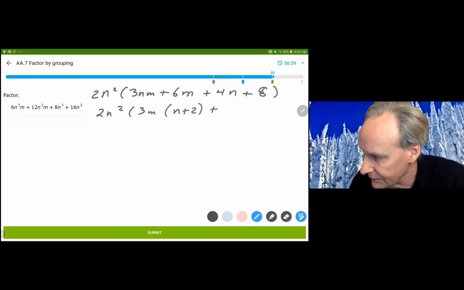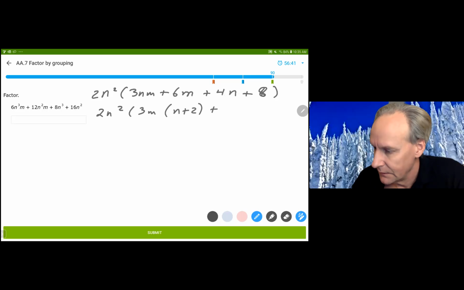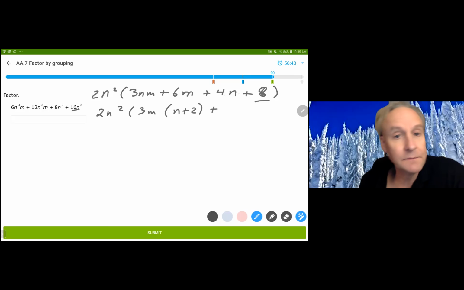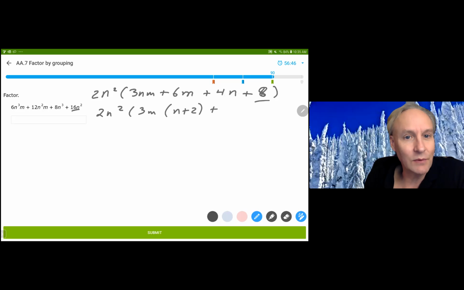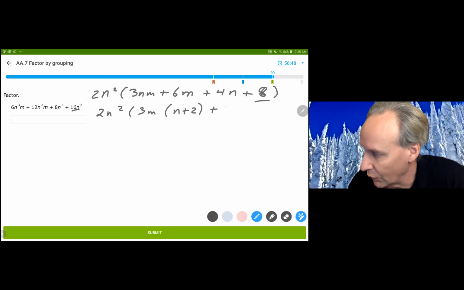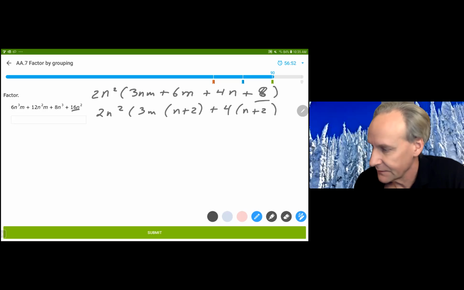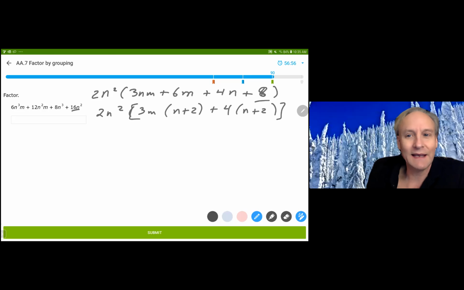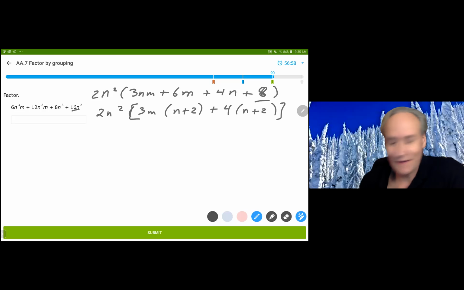Oh, 8. There's my mistake. Did you see what I did? I couldn't figure out what I did wrong. Then I take out the 4. That leaves me with an n plus 2. And I probably should have used brackets here. Man, you compound your error when you make a mistake.